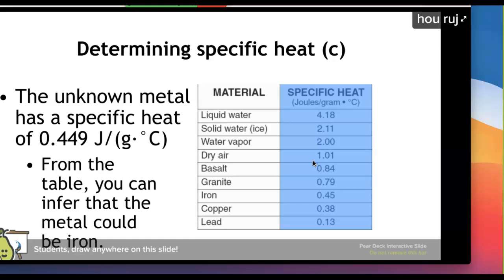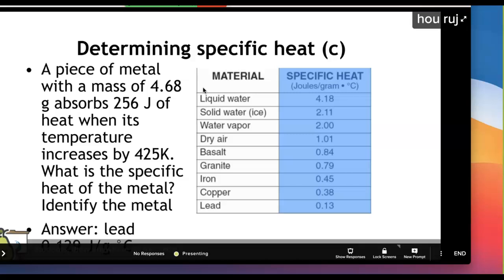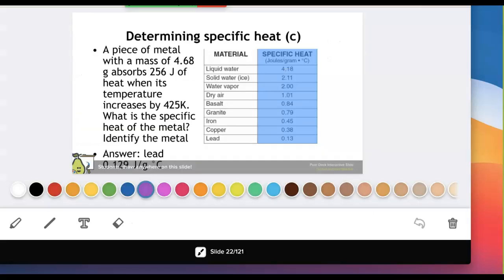Okay, so let's try another one. It says a piece of metal with a mass, so this is M, absorbs 256 joules. Okay, so this is Q. Heat or energy is Q right now. And then notice this wording. It says increases by 425. And you think, I don't see two temperatures, right?